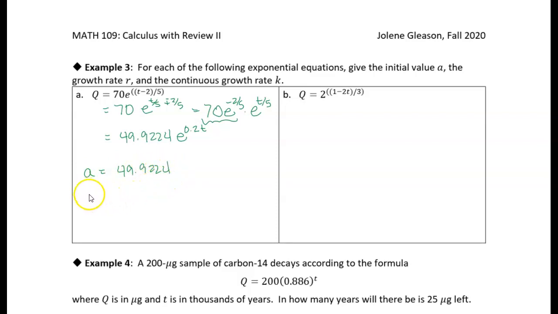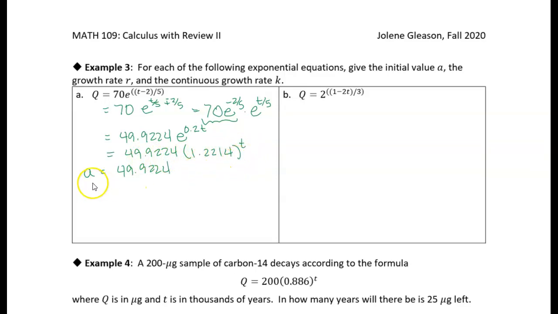My r value is going to be what? I've got it in e to the kt form. I can also write this as 49.9224 times e to the 0.2, which gives 1.2214 to the t. So now I have it in the form a b to the t, where b is 1.2214.